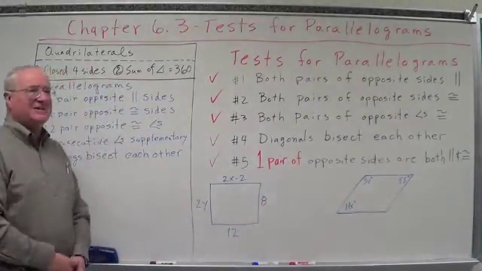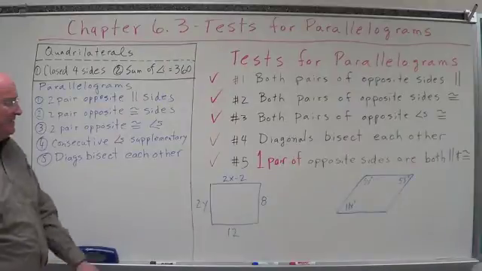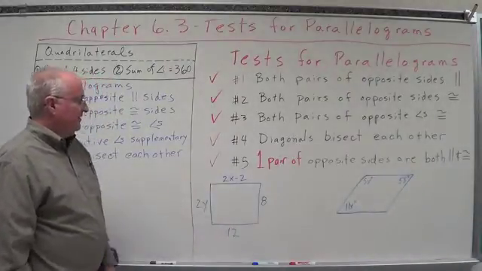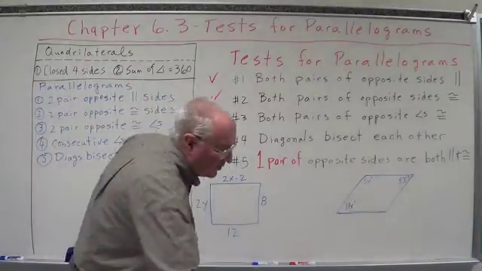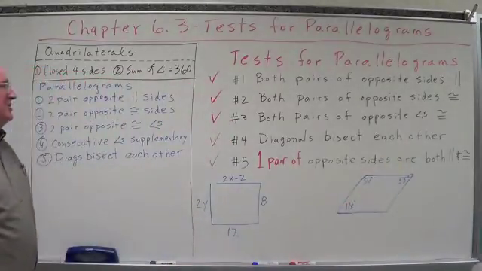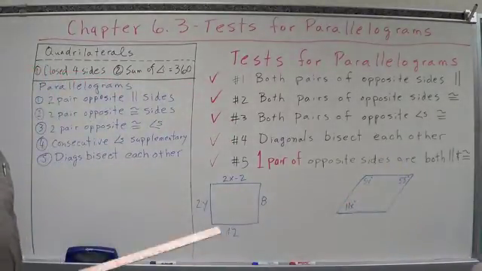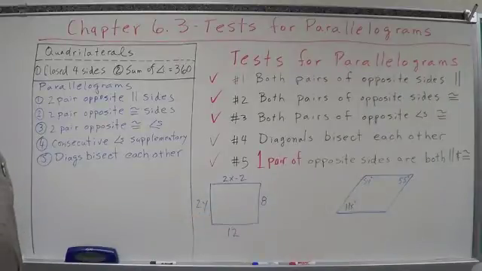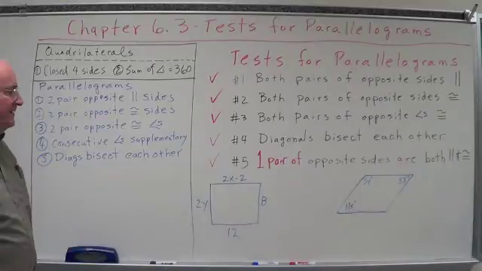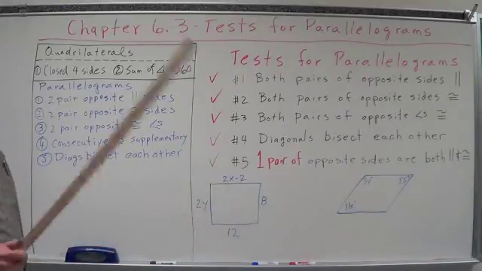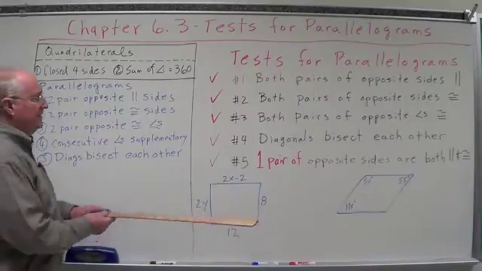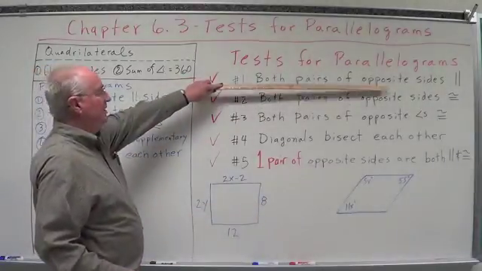So what we need to know is we're given information about the opposite sides, both pairs of opposite sides in this first one here. So let's look at a test where if we're given information about both pairs of opposite sides, what can we do with it to determine if it's a parallelogram? Both pairs of opposite sides are parallel?